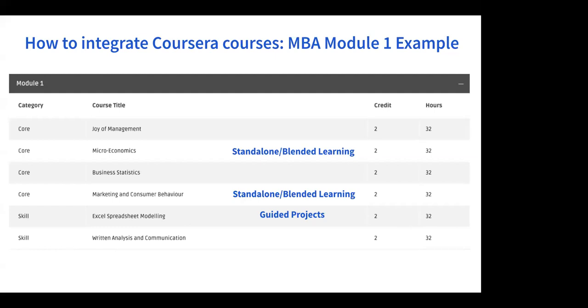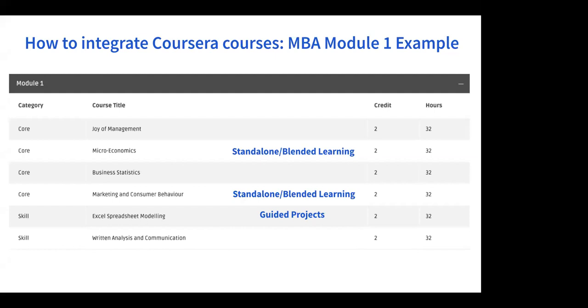So the faculty can choose maybe 3 to 4 courses from Coursera, and they can tell the students that you have to complete all of these courses in order to get your 2 credits for the subject. And then the faculty also does a final assessment of the student in order to give the student final credit for that particular subject. And this is called standalone learning, where all of the learning is happening through Coursera. The student is doing the entire subject on Coursera.